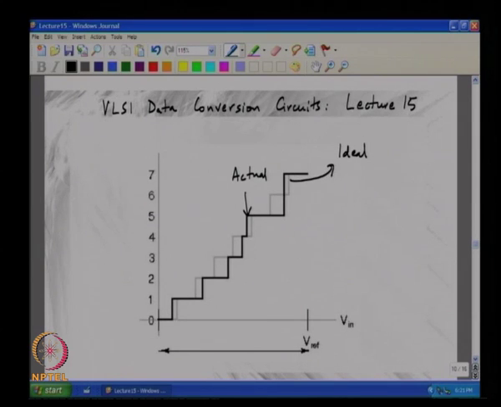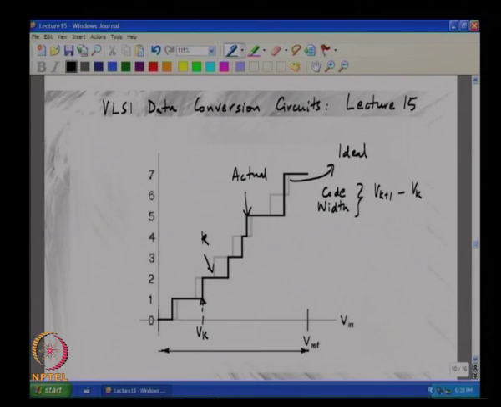Okay. And we see that if we define, for a code K, Vk as the smallest analog input voltage necessary so that the output is code K, then the width of the code is nothing but Vk plus 1 minus Vk.